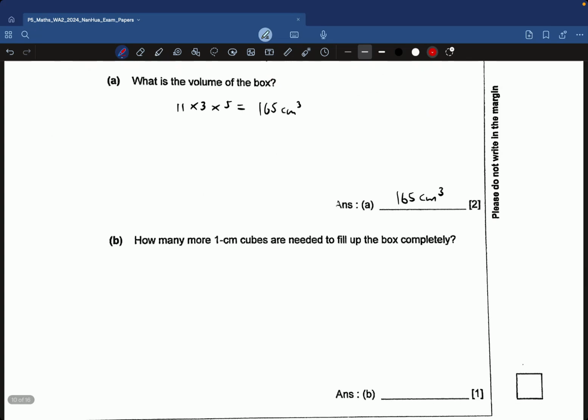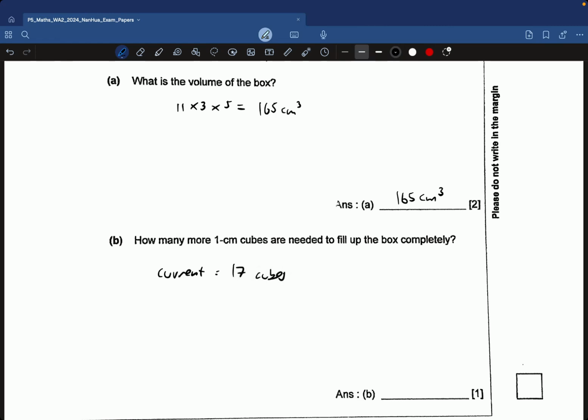So let me write here. We have current equal to 17 cubes.